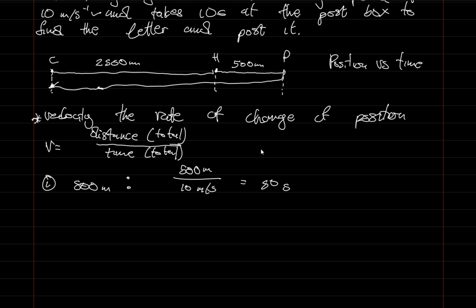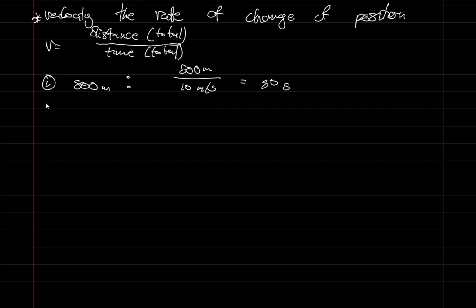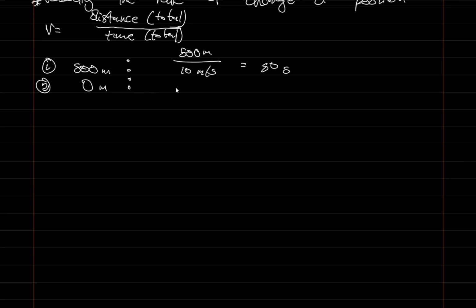Why? Because if we want time, we just have to do some math here and make time the subject of the formula. Then we will get time in seconds. And then scenario number two, she travels 0 meters, in fact, because she is looking through the post box. She's taking her time there, and that time is 10 seconds.